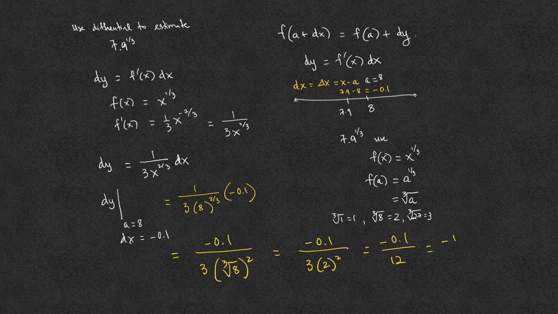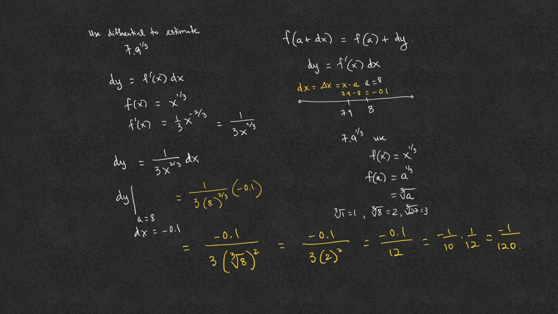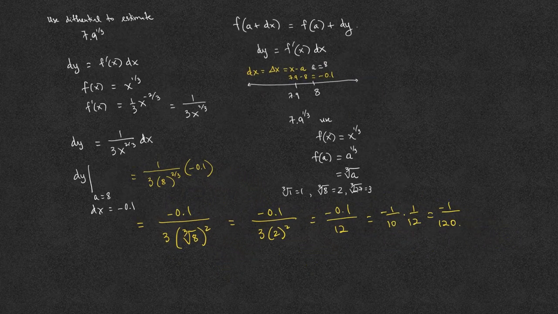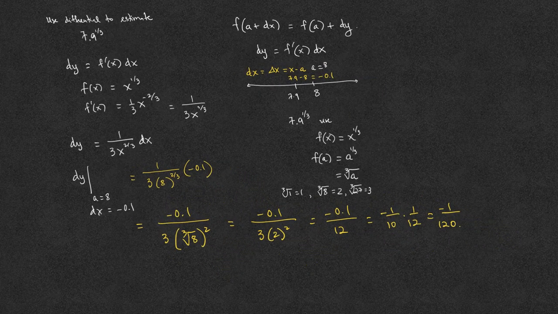And so this is negative 1 over 10 of 1/12, or negative 1 over 120. This is delta y, and again, it is the change or the difference between the y when x equals 8 and the y value when x equals 7.9.